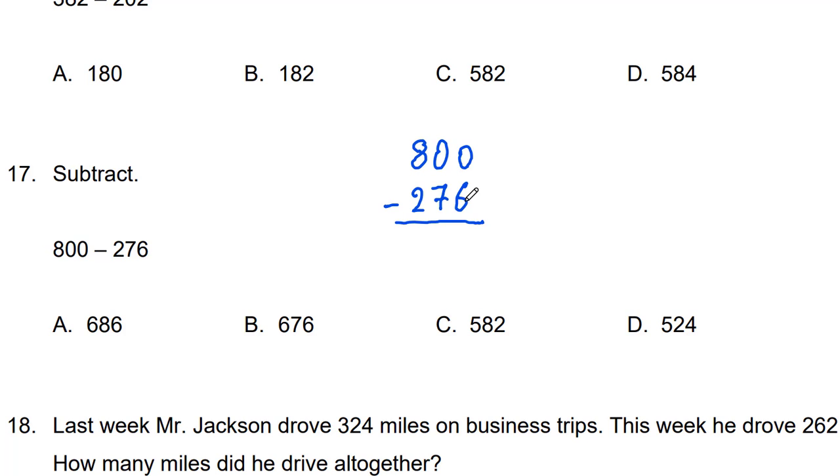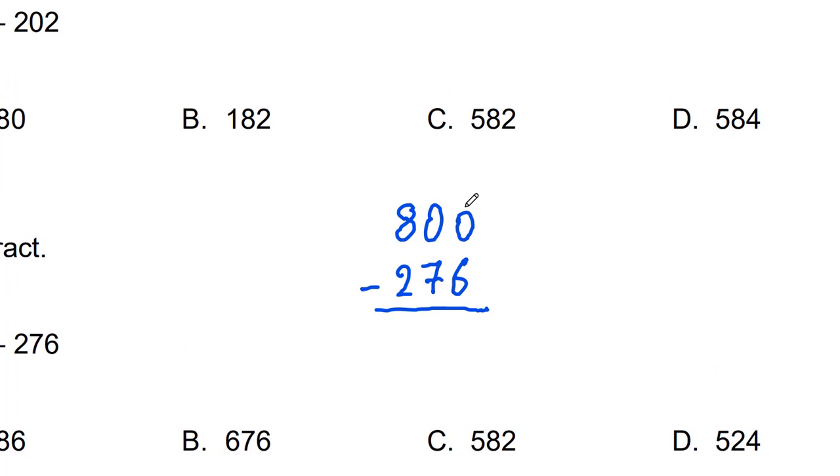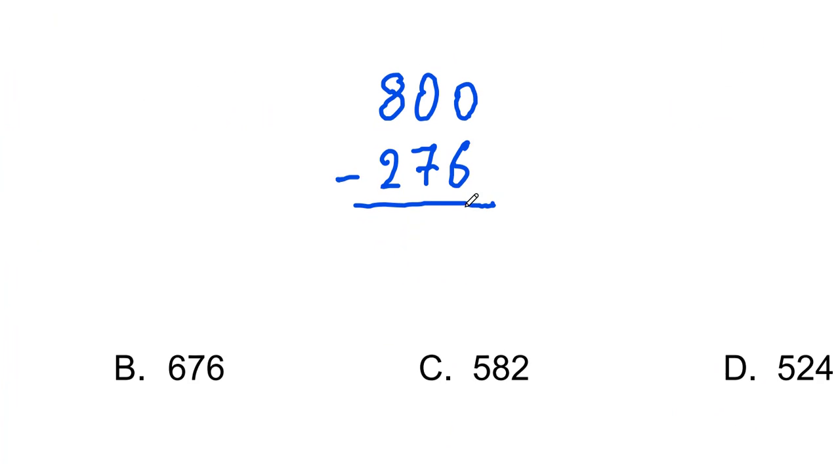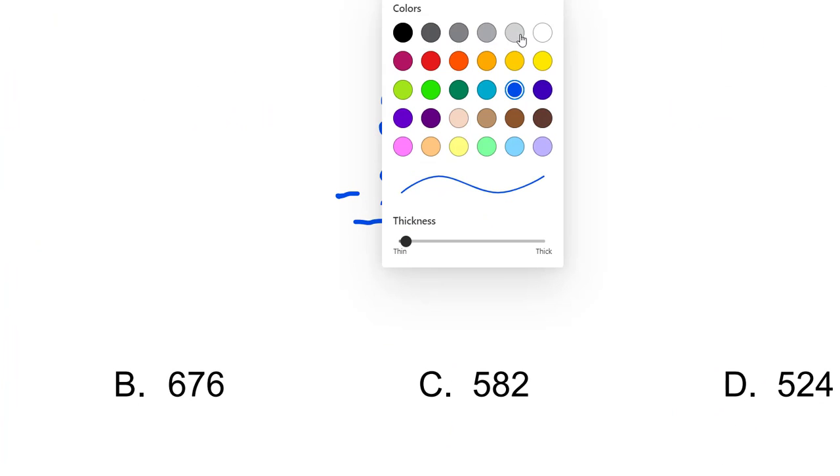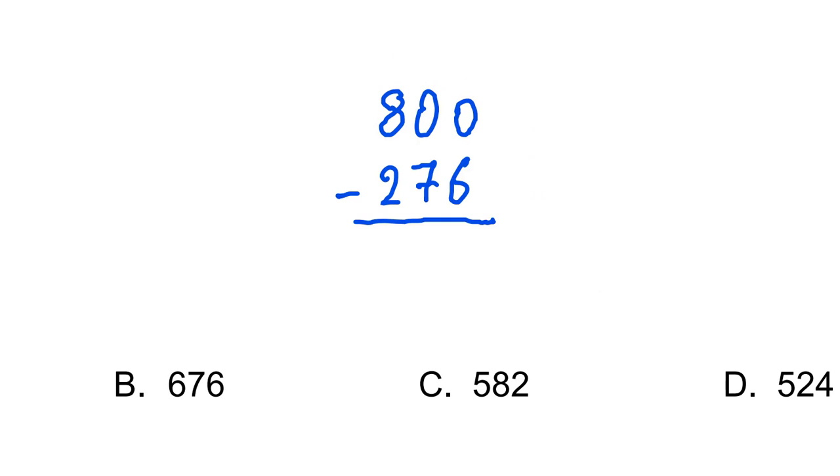Okay, my heroes, in subtraction, you should think of the story. Do you remember the story? Start with the ones, but 0 minus 6 cannot be done. 0 minus 6 cannot be done. That's why the 0 will go and ask the next digit. But it's 0 also.